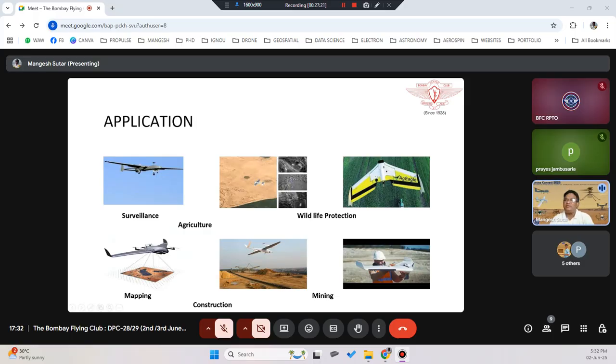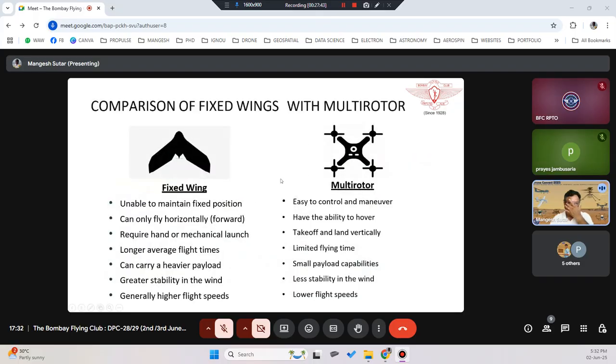For example, on your right side there is a different type of fixed wing, whereas here for surveillance purpose there is a different fixed wing. For mapping or agriculture purpose, there is a different one. Depending upon your application, even your fixed wing size, endurance capacity, and payload all come into the picture.